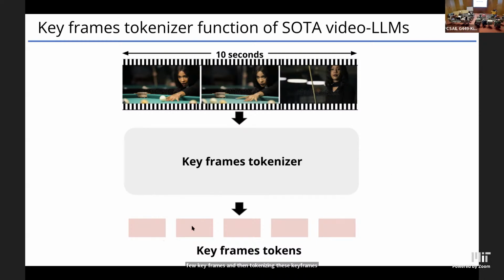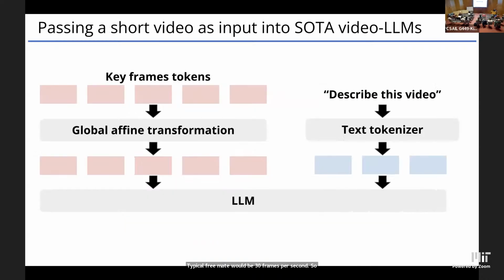Right, so this gives us keyframe tokens for the video. For a 10-second video, maybe you'll have like 5 keyframes, for example, one every few seconds. Typical frame rate would be 30 frames per second, so you're definitely not keeping all the frames.